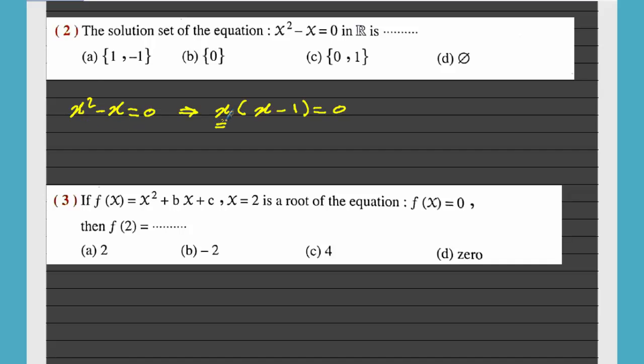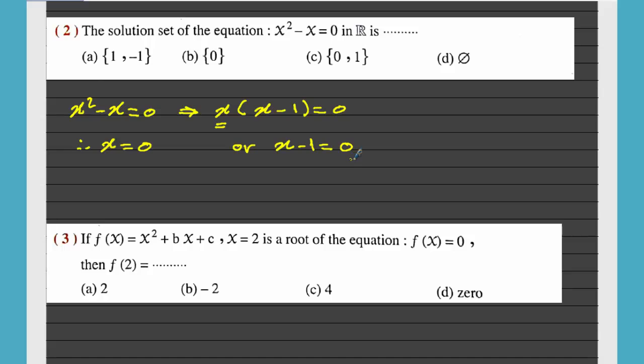X squared divided by x equals x. Negative x divided by x equals -1. So x equals 0 or x minus 1 equals 0. When x minus 1 equals 0, it means x equals 1.